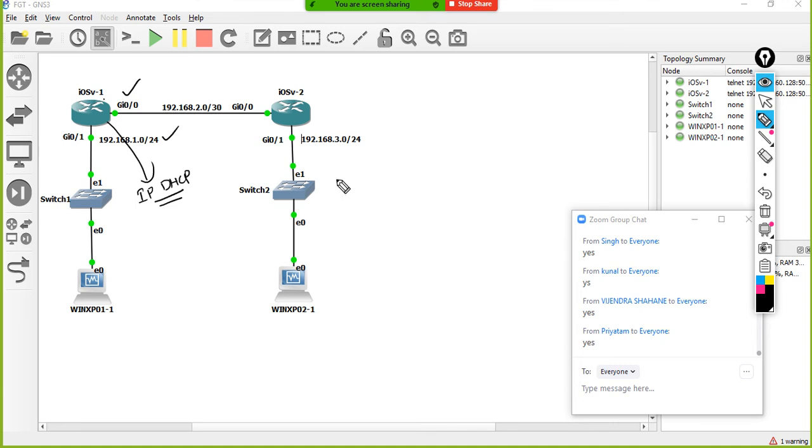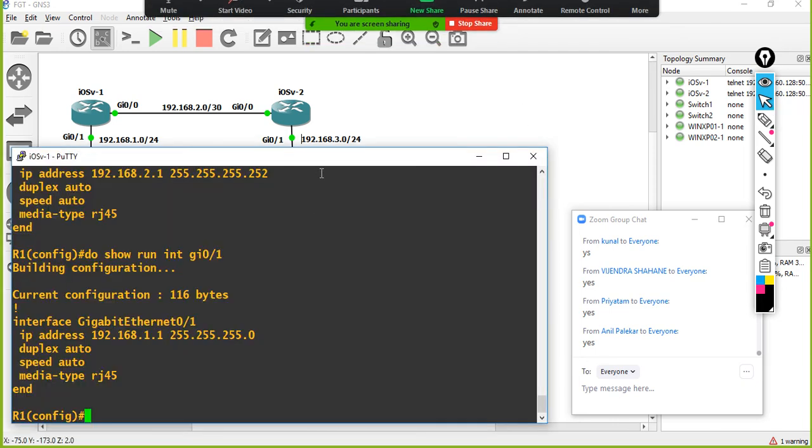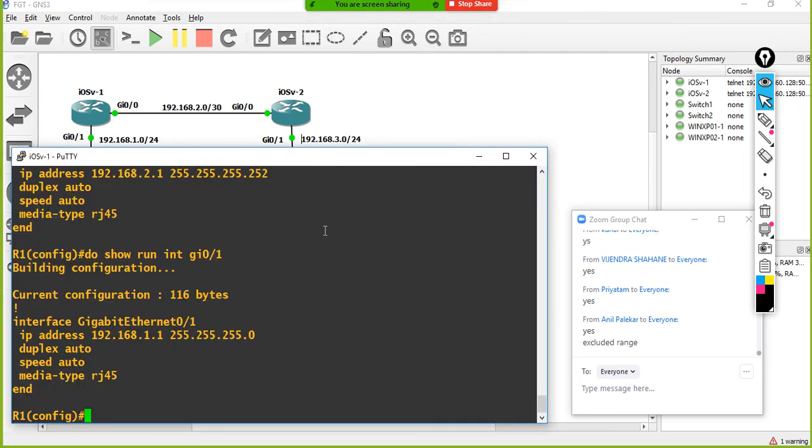Yeah. And again, I want to ask you one more question. Before you are going to configure the DHCP server, what are the parameters you need to consider? Can anybody explain to me, guys? Excluded range. What is the purpose of the excluded range, Anil?